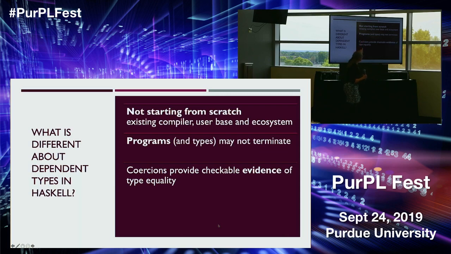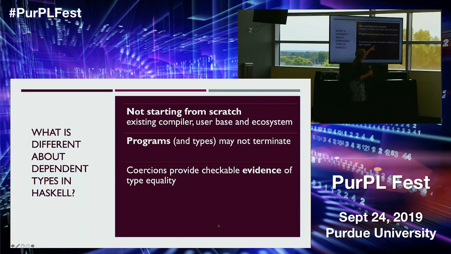That relates to the next point, which is this coercion language. In FC, it's System F with these equality coercions. Because this language may not terminate, we can't do what Coq and Agda do, which is define equality based on reducing types to normal forms, because we don't necessarily get normal forms.